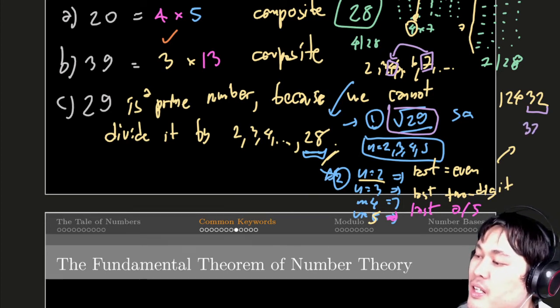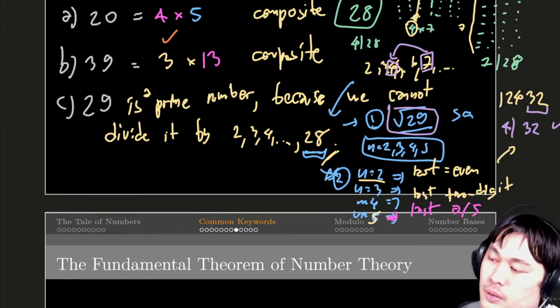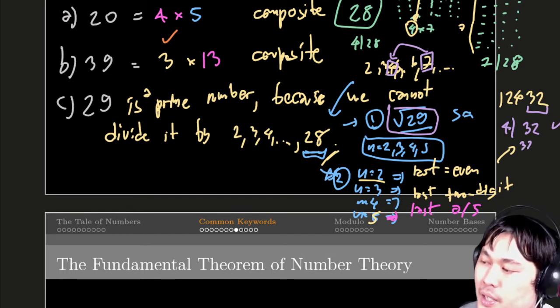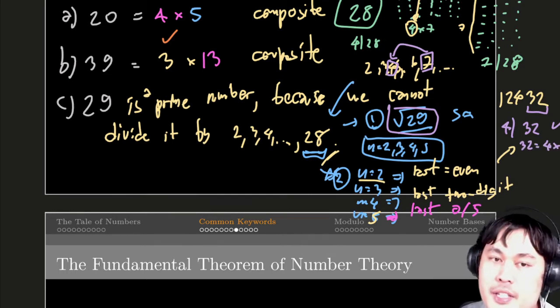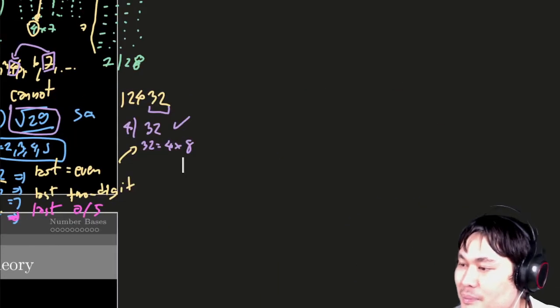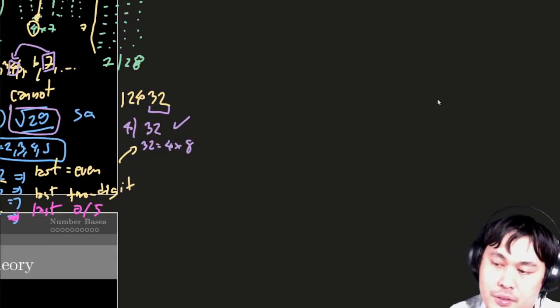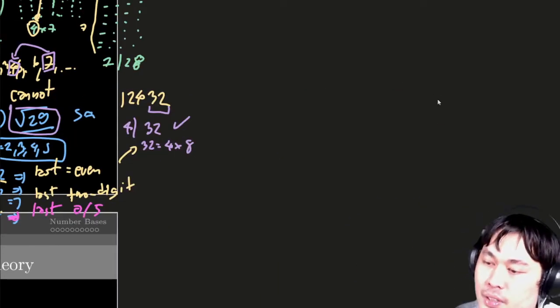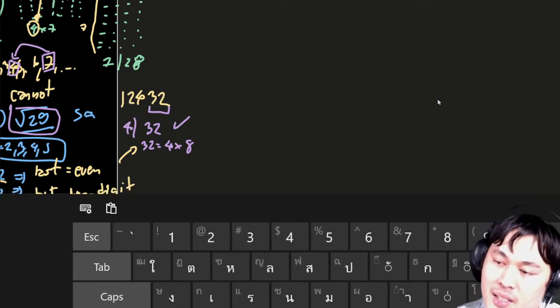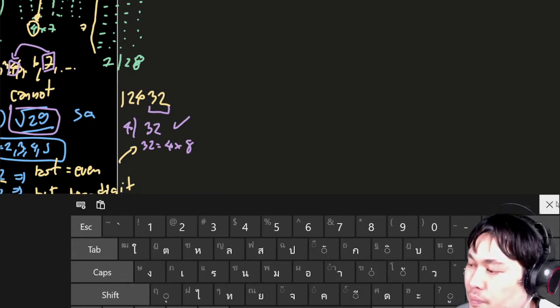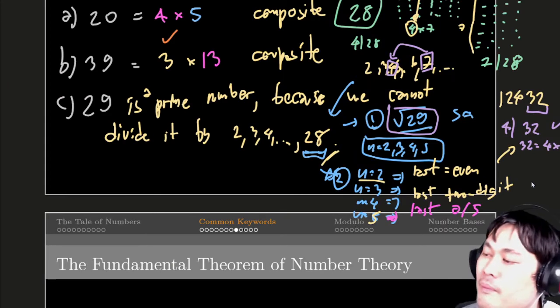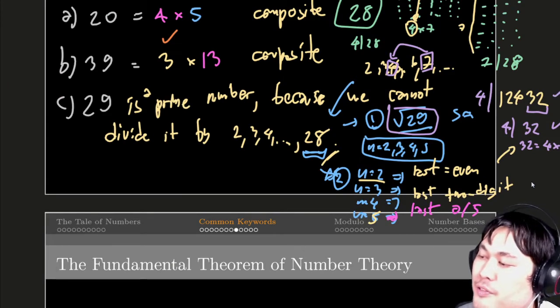Is 32 divisible by 4? Yes, you can write it as 4 times 8. So that means the larger number, 12,432, is also divisible by 4.